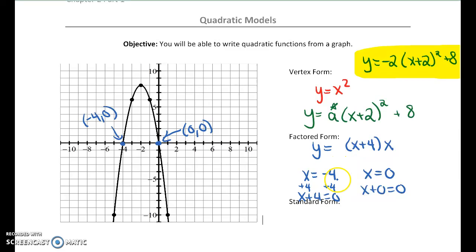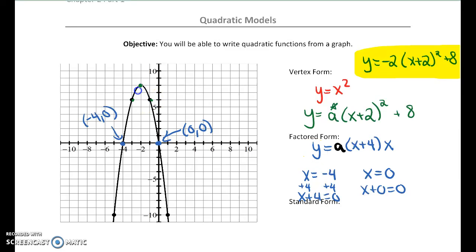So I've gone backwards. Now, this is what factored form looks like, except again, this parabola, as we learned from vertex form, has been stretched out. So there is an a value here. And the nice thing about the a value is that the a value remains constant through all the forms. Okay, so if I want to know the stretch or the shrink on this, I could solve for my a value by plugging in a point.